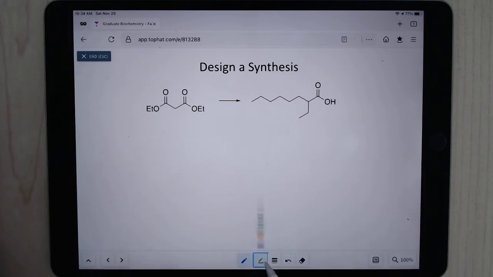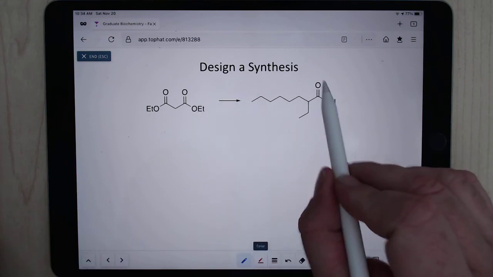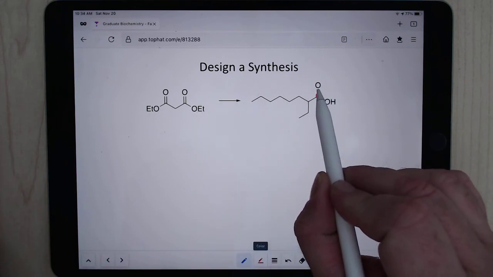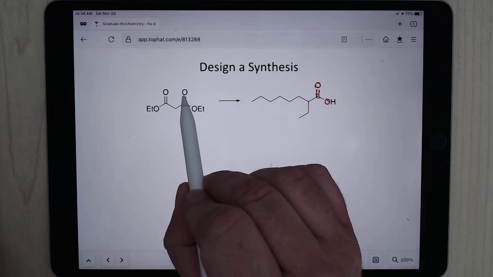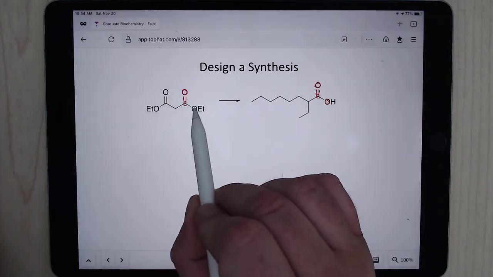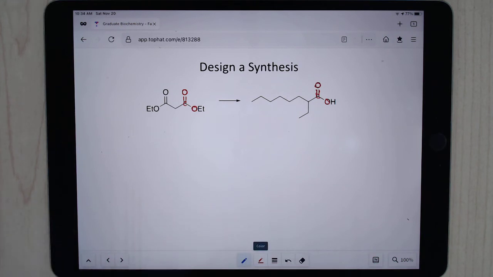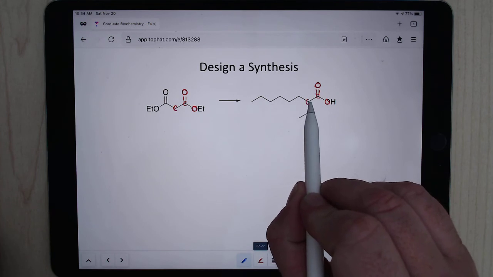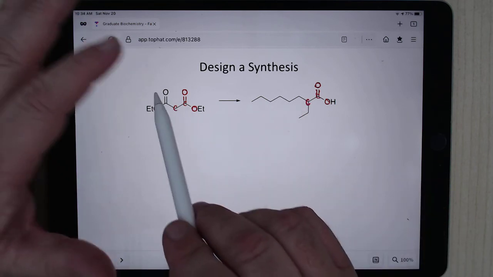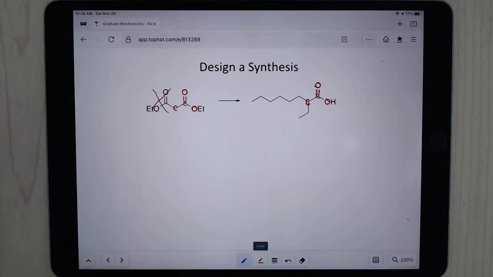Here's our C double bond O, and then here, that's going to be this. But then this carbon here is going to be this carbon here. Because remember, we're going to remove one of the ester groups. We're going to decarboxylate it to remove it.